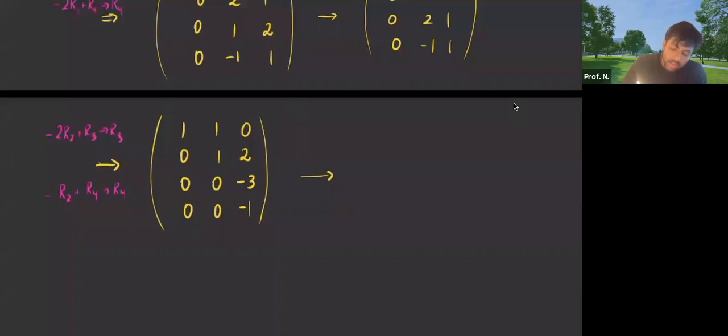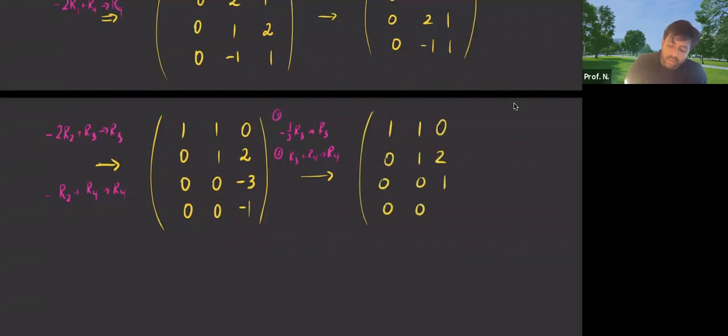Yeah, the fourth row is a multiple of the third. That's right. So I can do various things. I can just divide this by negative 3 if I want, into R3. So this is the first step. And then the second step is take R3 and add it to R4 into R4. So then what's the result of these two steps? I get 1, 1, 0, 0, 1, 2, 0, 0, 1, and I get 0, 0, 0.